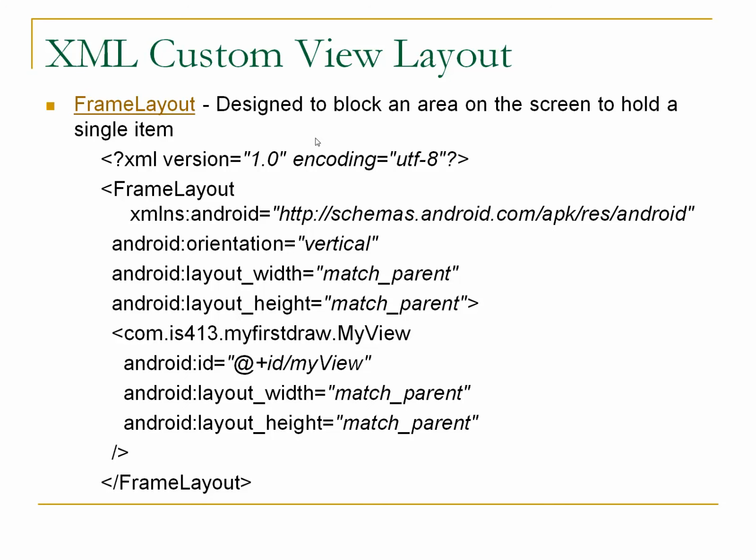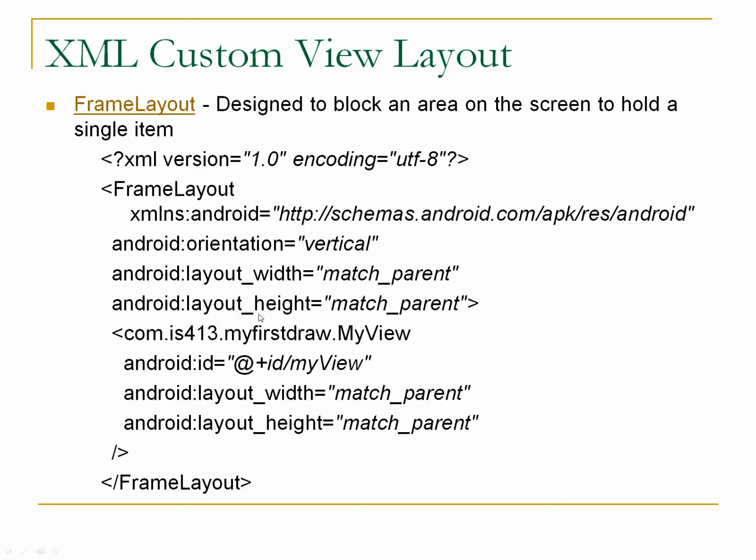And a frame layout is designed to block out an area on the screen to hold a single item. And I think you probably guessed it, our single item is going to be a view. Why do we want to do this if we can just do the set content view thing? This is the case where we want to get programmatic access to this view.